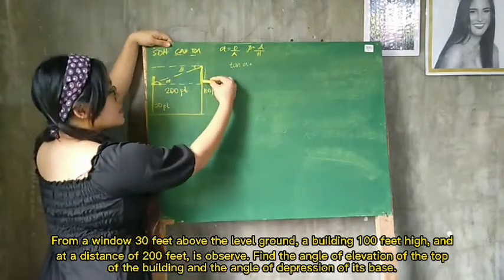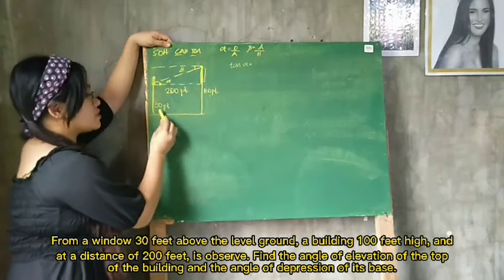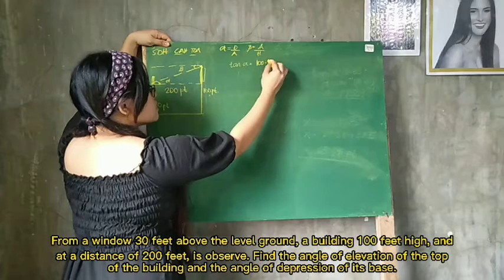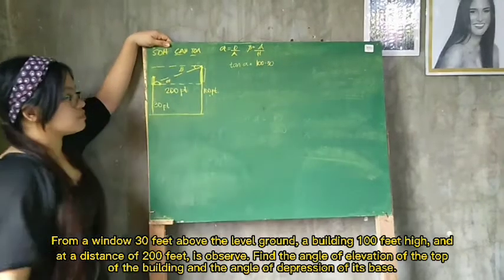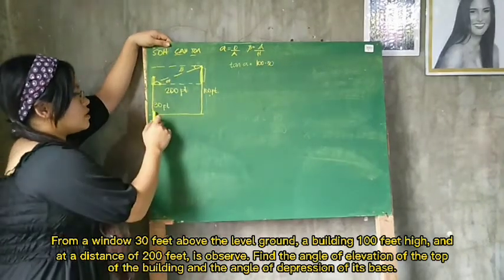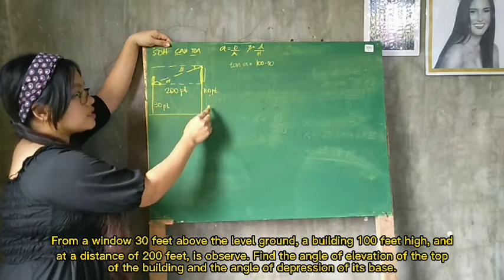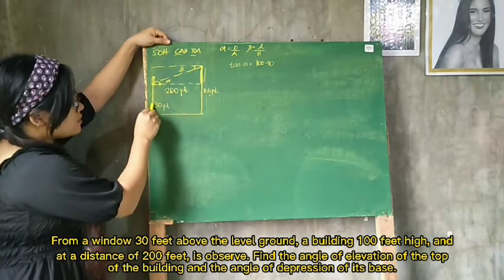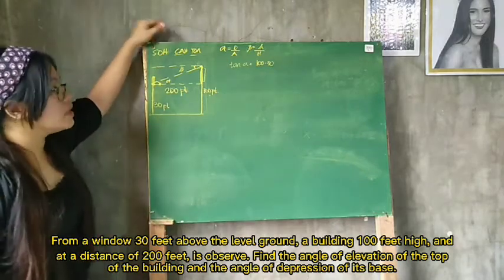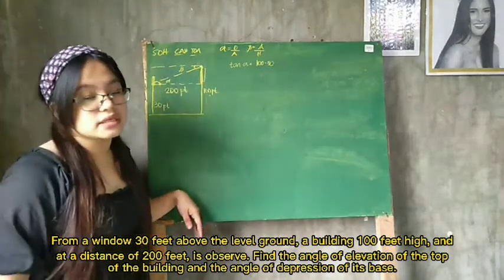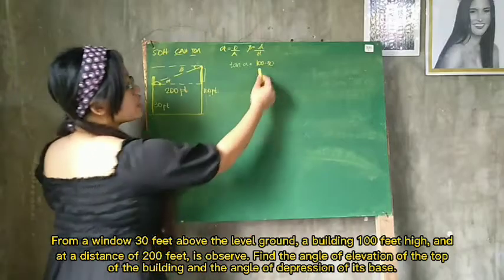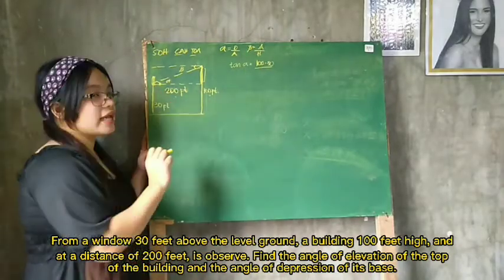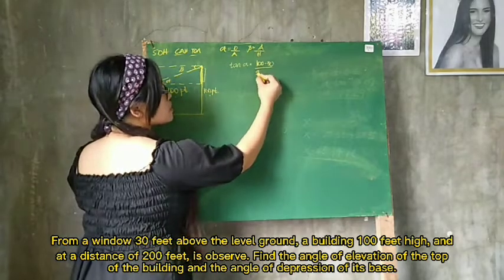So this one is 100 minus 30, because the building is 100 feet high and below the window is 30 feet. So we just have to subtract them, over the adjacent, which in the horizontal line of sight is 200 feet.